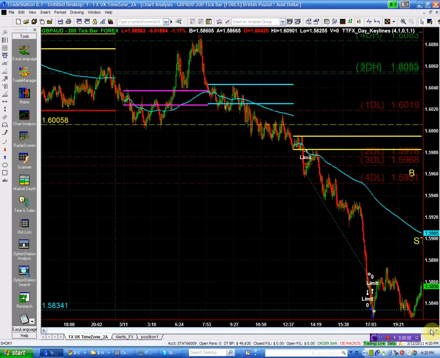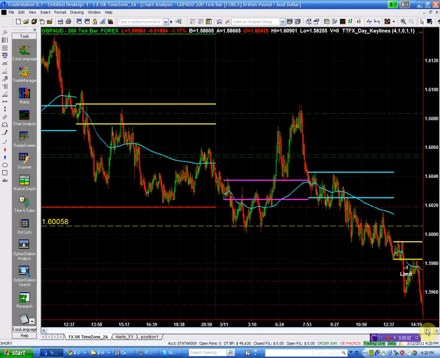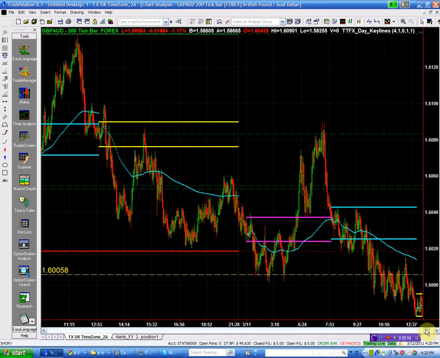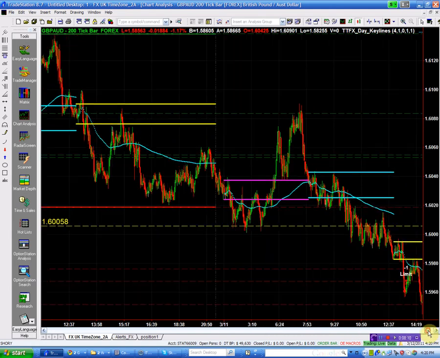So assuming that, for example here, when they started selling the pound versus the Aussie, and that was when I see them coming below one of these levels.